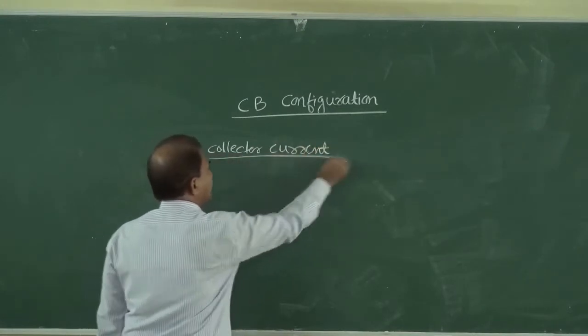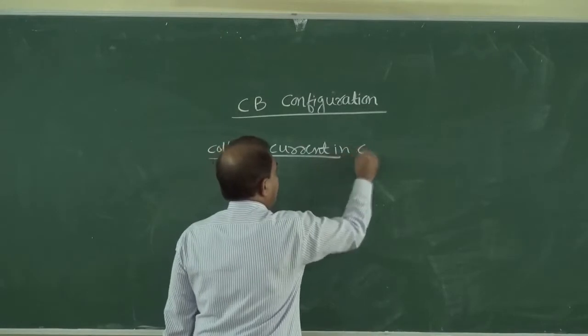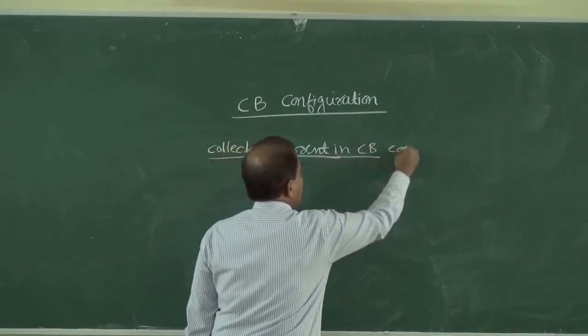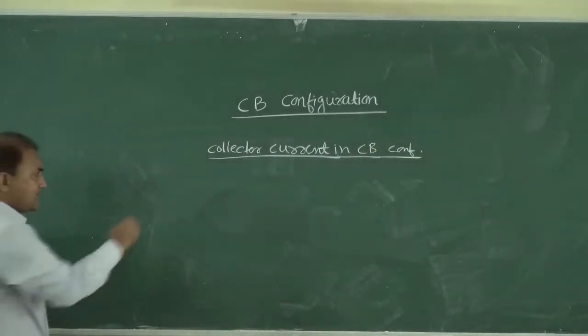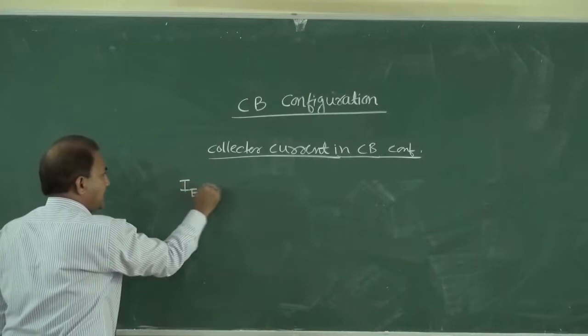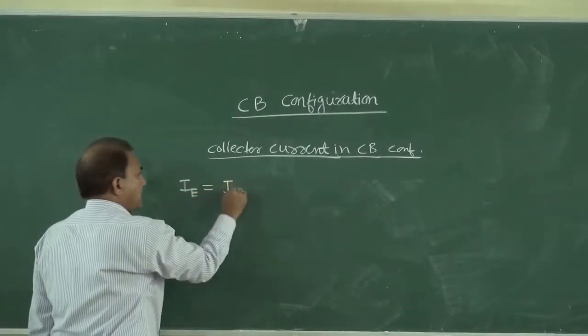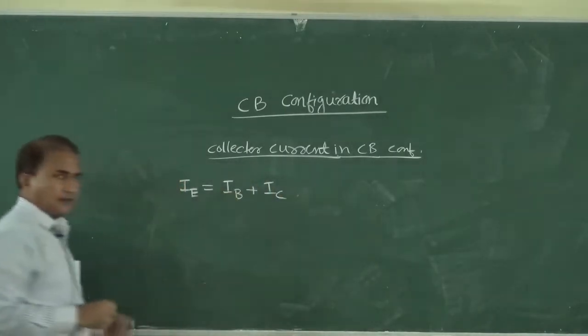Now, the expression for collector current in common base configuration. As we know, IE is equal to IB plus IC.